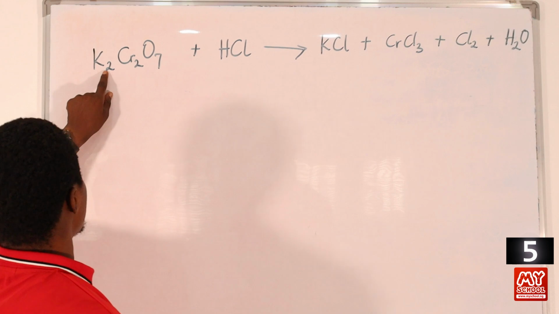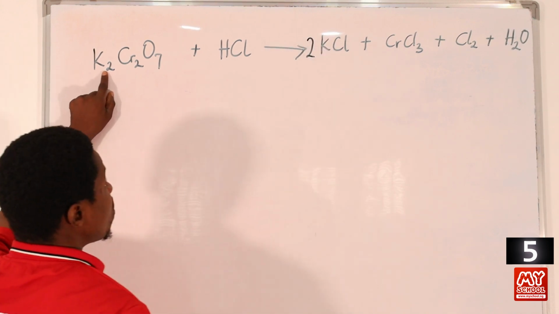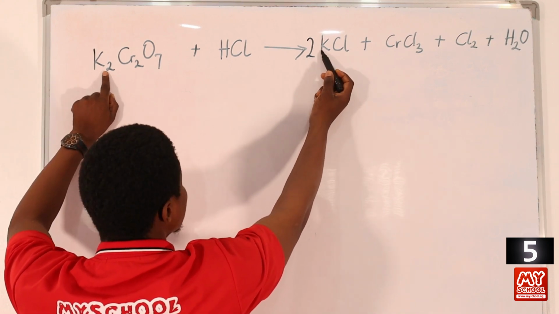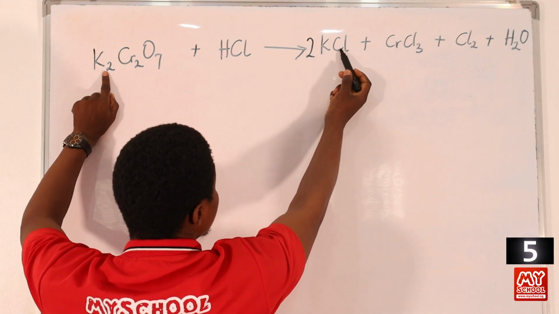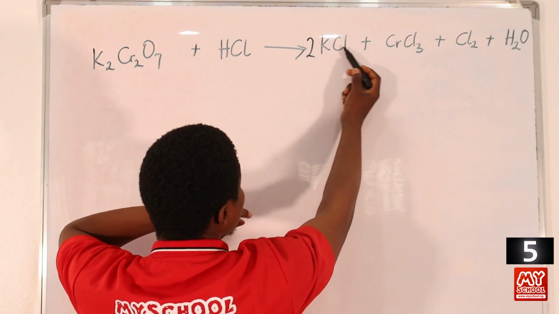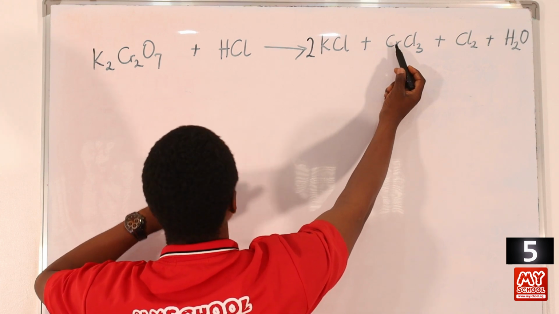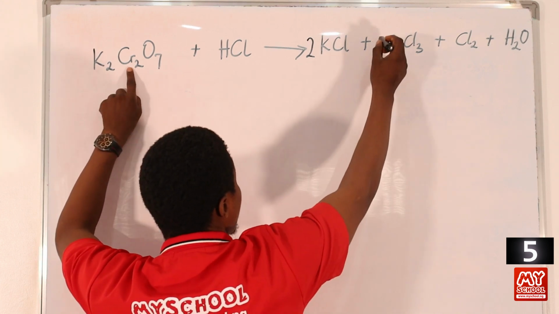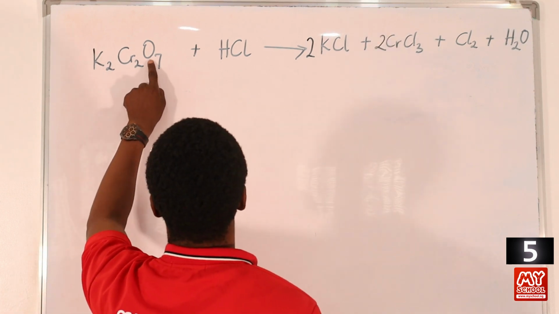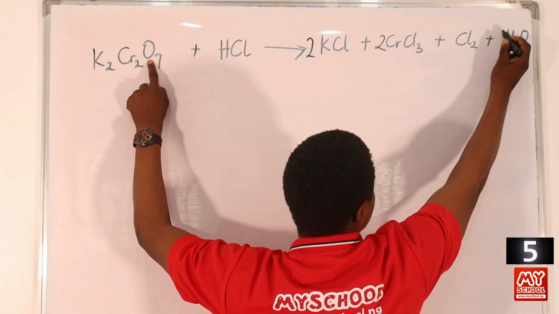We have 2 moles of potassium here, so let's write 2 here to balance this. So potassium is 2 on both sides. Then chromium: we have chromium 1 here and chromium 2 here, so let's add 2 here also to balance the chromium. Then oxygen is 7 actually, and oxygen is 1 here, so let's add 7 here.